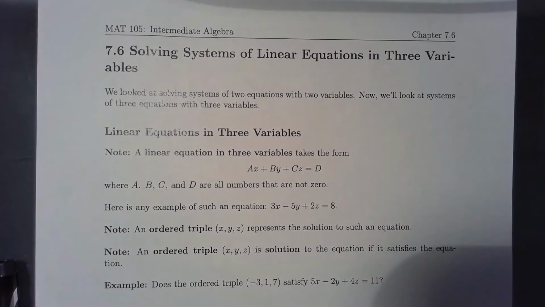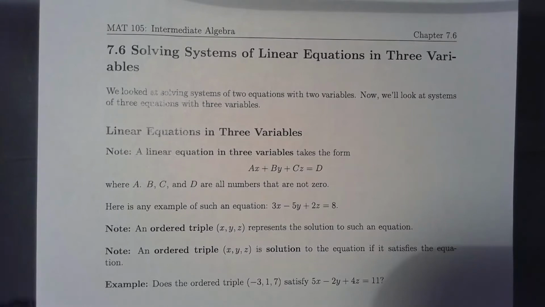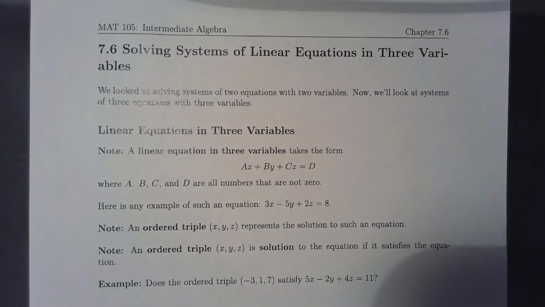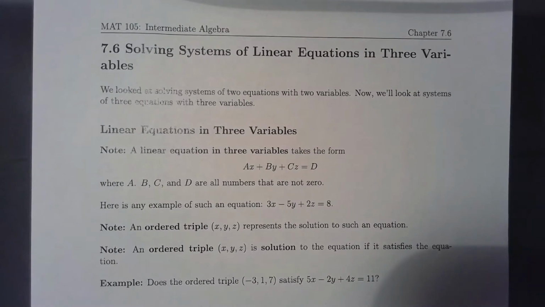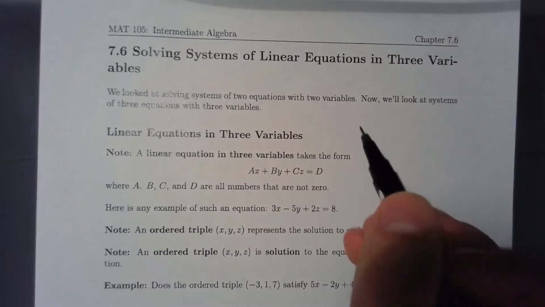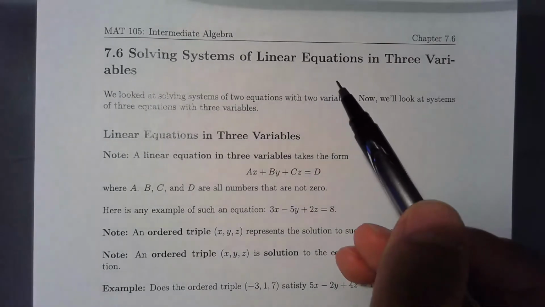Alright, so this last section in Chapter 7, we're going to revisit an old topic that we looked at earlier in the course, but slightly different at the same time, if that makes any sense. So, back in I think it was Chapter 3, we looked at systems of equations with two variables.